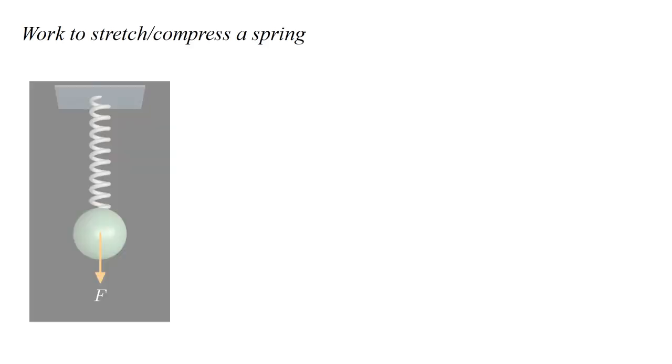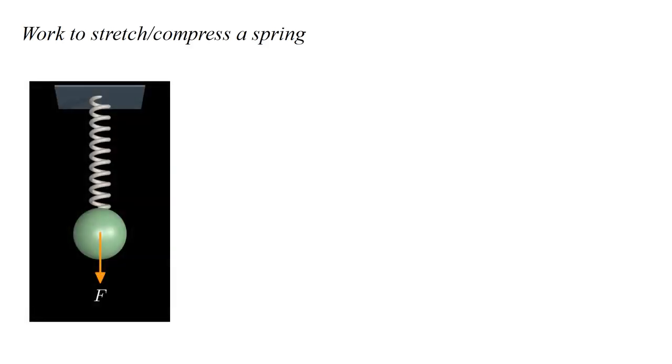Now let's look at the other dynamical system we've studied, a mass on a spring. Let's consider the work required to initialize this system by stretching or compressing the spring. Suppose the spring is stretched and we are applying a force to offset the spring force.